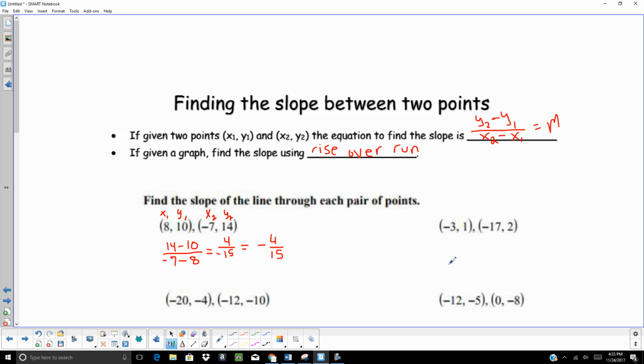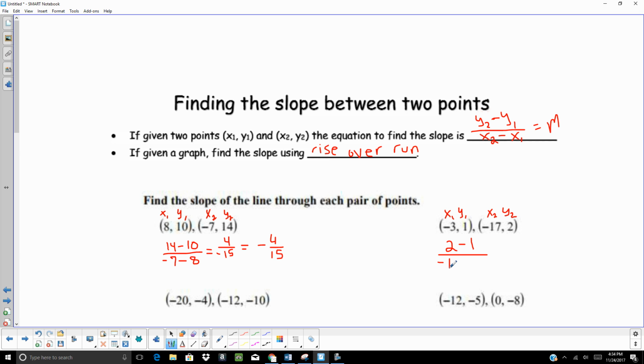Let's do another one together. That would be x sub 1, y sub 1, x sub 2, y sub 2. And you're just going to plug them into that formula. Your y sub 2 is 2. Then you do a minus sign, and your y sub 1 value is 1. Now we're going to do the difference of our x's.